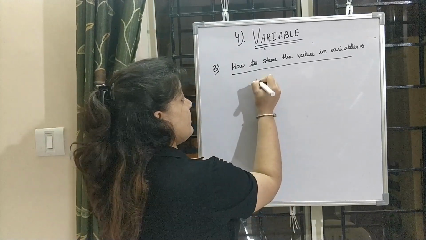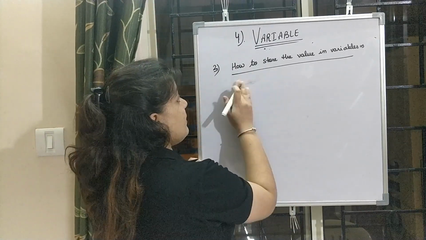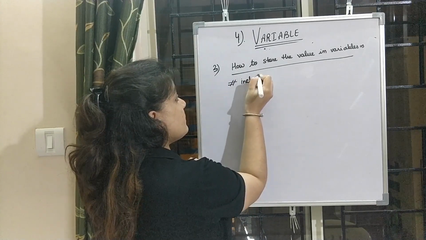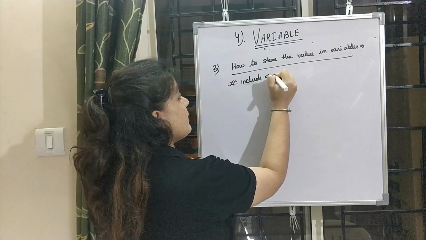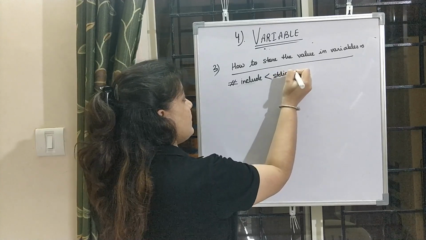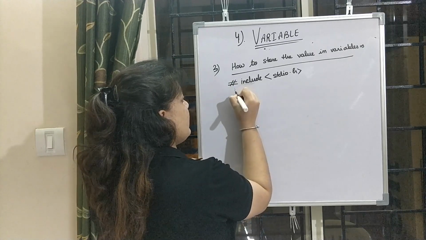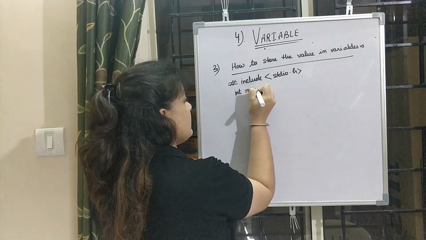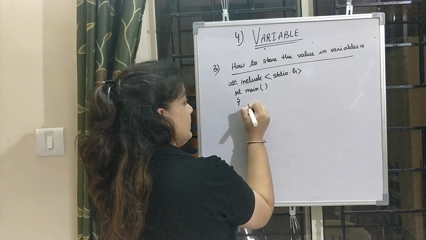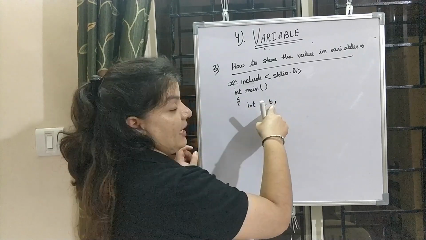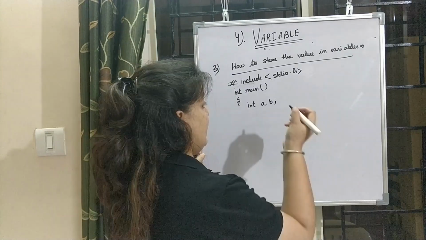Like I have written here using C programming, #include stdio.h, int name. In this I have declared two variables separated by a comma because A and B are of the same data type.